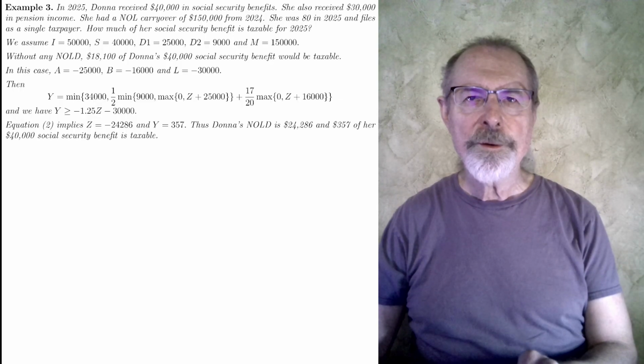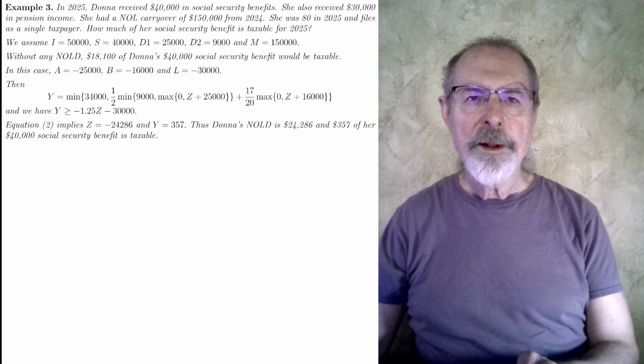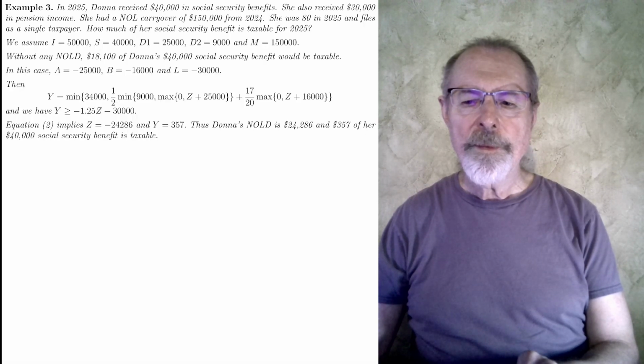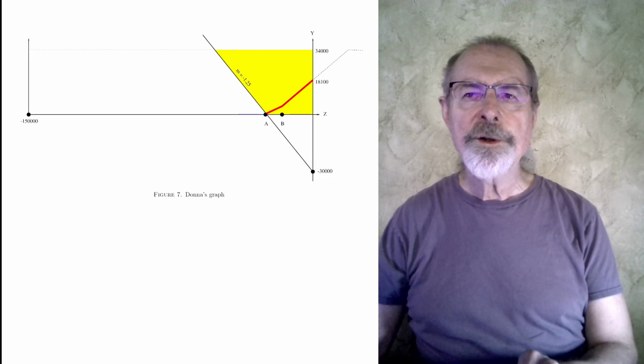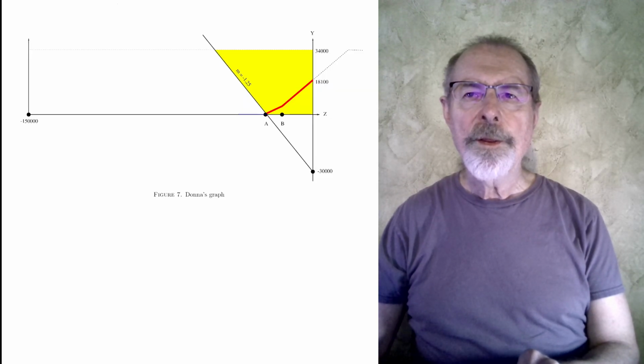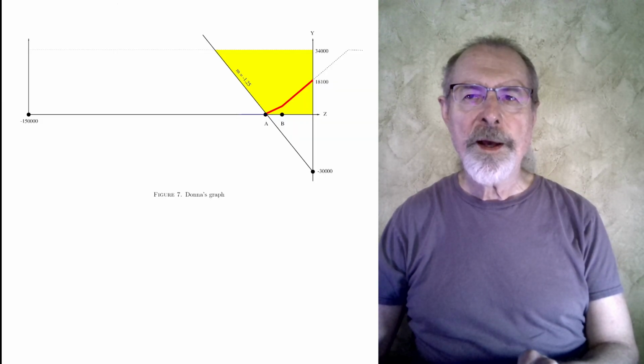Her Social Security benefit was $40,000. D1 is $25,000, D2 is $9,000, and M is $150,000. So without an NOL deduction, $18,100 of Donna's benefit would be taxable. If I look at a picture of the situation, you can see that the red curve almost touches the horizontal axis.